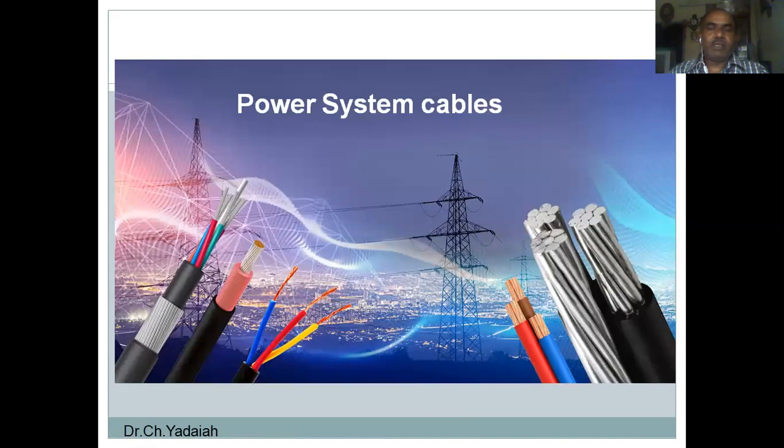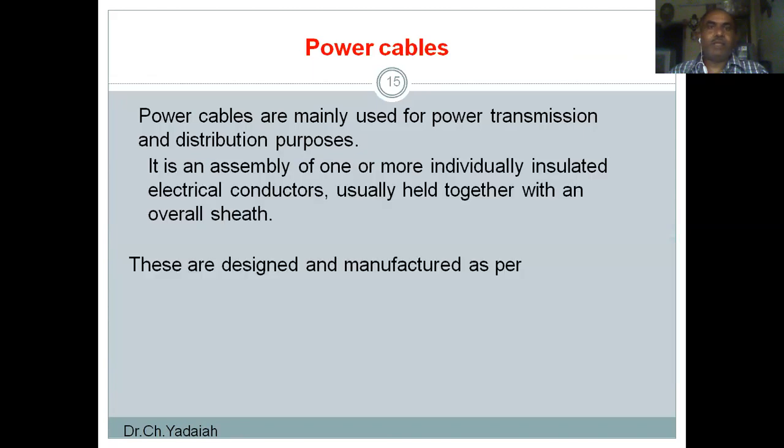Now let us see the case of power system cables. These general cables are used in special fields. Coming to our electrical field, in our power system, what are the different cables used in distribution as well as in transmission? Let us see the power cables. The power cables are mainly used for power transmission and distribution purposes.